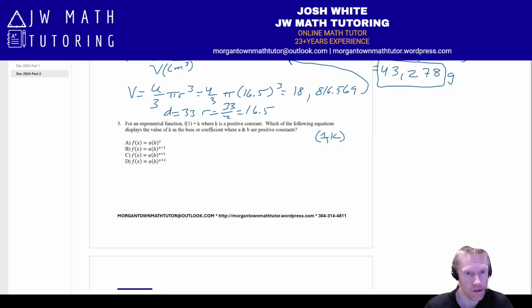All right, it wants to know which of these displays the value of k as the base or coefficient in the problem, where of course a and b here are just positive constants.